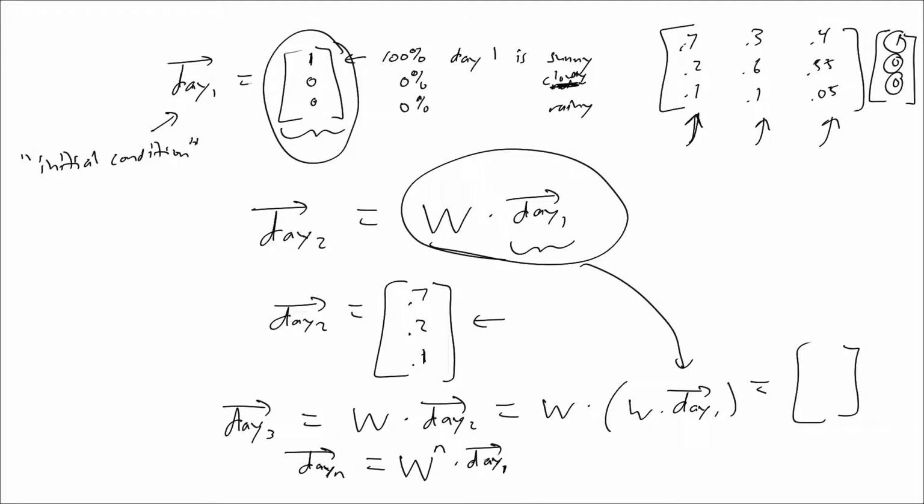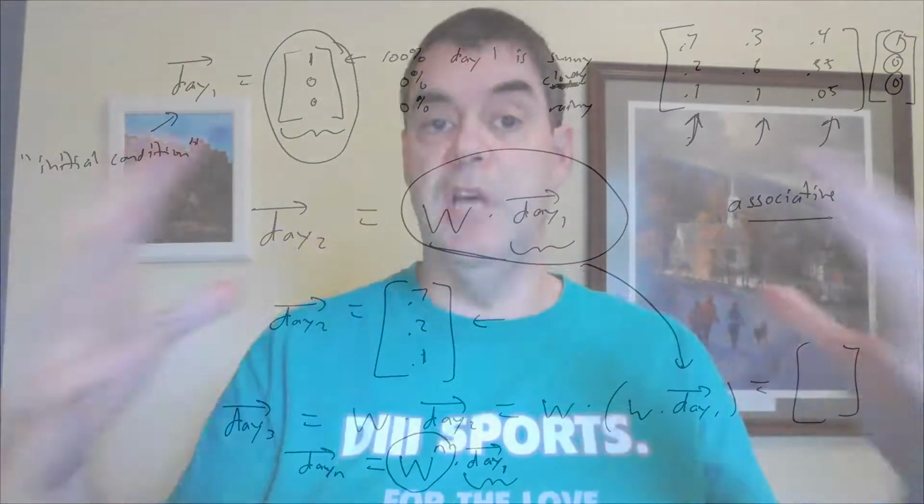Now you might say, well gosh, don't I want to multiply W times day 1 first and then multiply W by that, and then multiply W by that, etc.? Do I really want to multiply all the W's by each other first before I multiply by the initial condition? And the answer is it doesn't matter, because remember that matrix multiplication is associative. And associative means it doesn't matter what order you do the operations in a sequence of multiplications. So we can simply take W to a power and then multiply it by our initial condition.